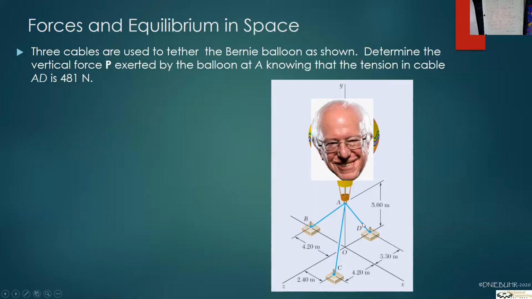But you do know AD. Once you have that, you know that all of the X components have to equal 0, all the Y components have to equal 0, and all the Z components have to equal 0. So you can actually solve directly. In this problem, because AB and AD lie right on the line, you won't have to do three equations, three unknowns. You can solve it fairly directly.